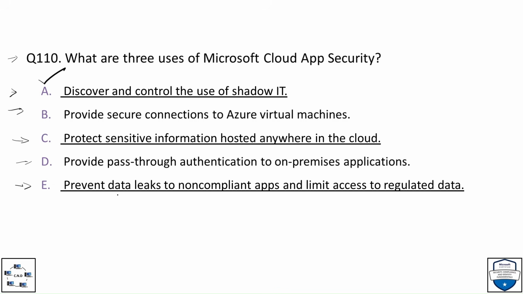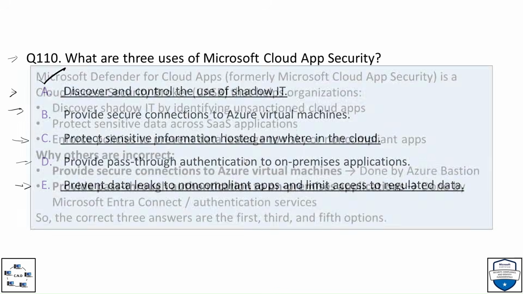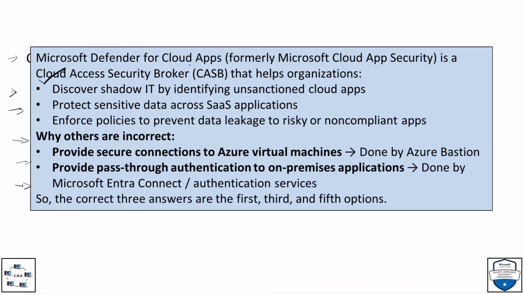And option E, prevent data leaks to non-compliant applications and limit access to regulated data. And the explanation is, Microsoft Defender for Cloud Apps, formerly Microsoft Cloud App Security, is a cloud access security broker, that is CASB, that helps organizations discover shadow IT by identifying unsanctioned cloud applications, protect sensitive data across SaaS applications, and enforce policies to prevent data leakage to risky or non-compliant applications.